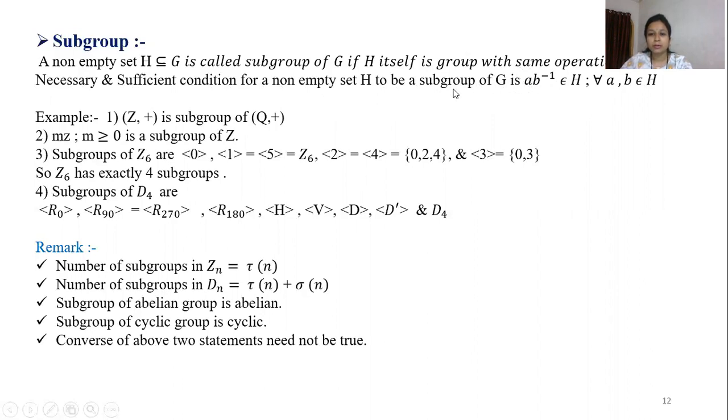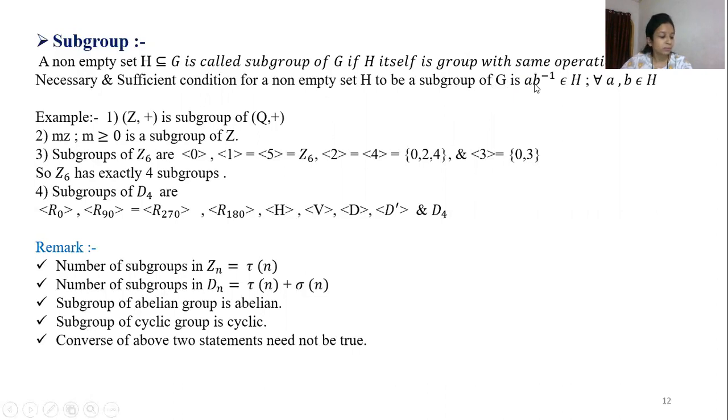Subgroup means H itself is a group with the same operation on G, so H must satisfy the four conditions of a group: closure, associativity, existence of identity, and existence of inverse. With this property, ab inverse belongs to H, let us check all these four properties.